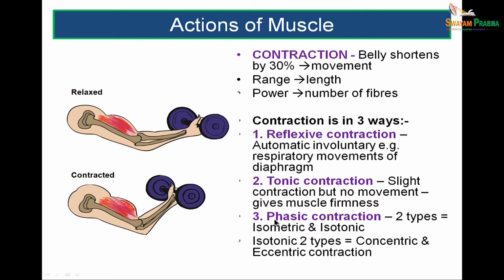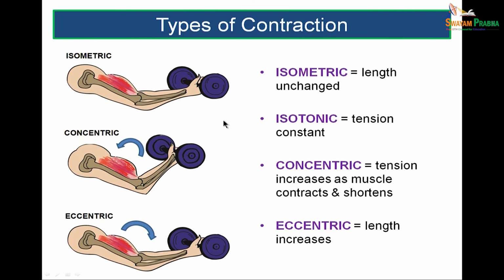The third type is what we understand easily, being phasic contraction. This is further classified into two types, isometric and isotonic. Isotonic is further classified into two types, concentric and eccentric. Let's study some details about the phasic type of contraction. Isometric contraction is a contraction wherein the length of the muscle is unchanged.